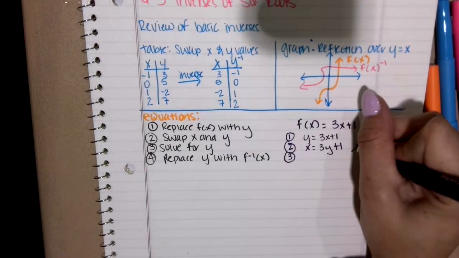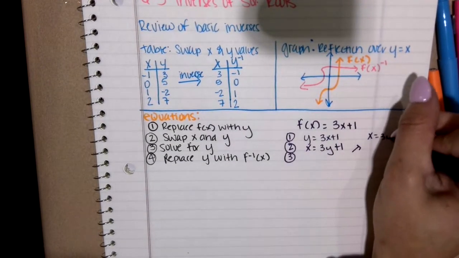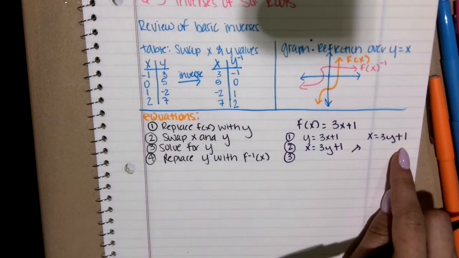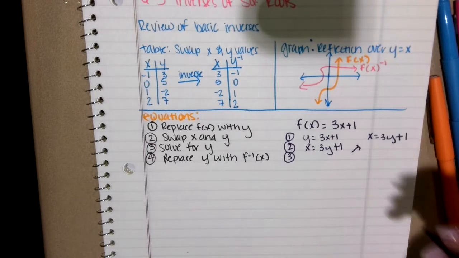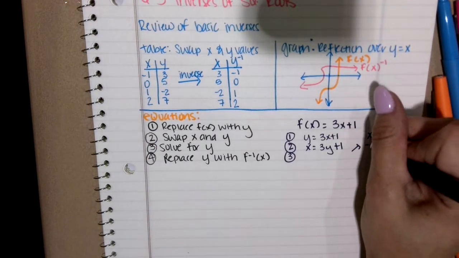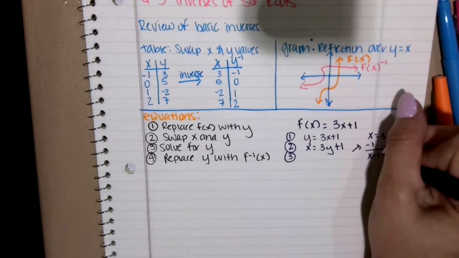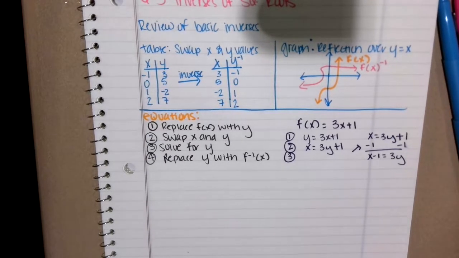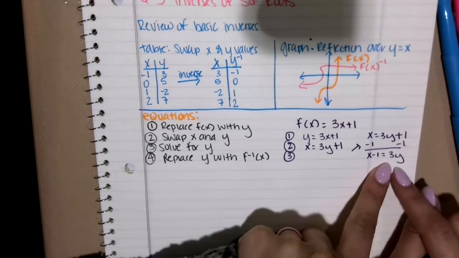Then step 3 is to solve for y. So I'm going to do that over here off to the side. What is the first step to get y by itself? Subtract 1. So I have x minus 1 is equal to 3y. And then how do I get the y by itself? Yes. So normally you would divide by 3.